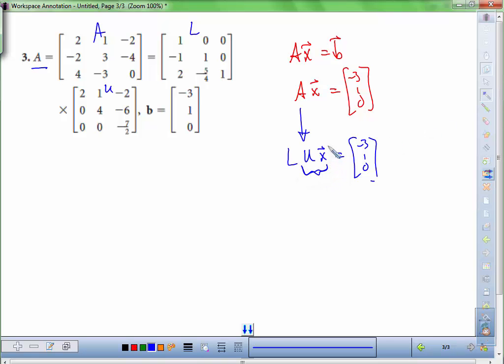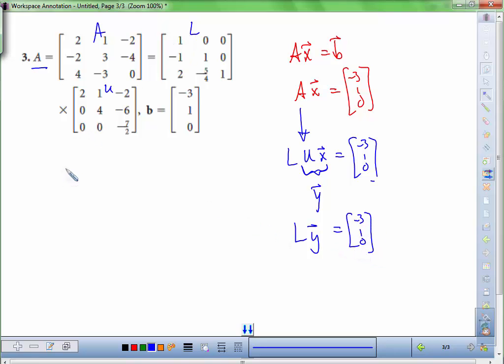So it turns out that U times x is going to be another vector. So this is the vector that they're going to call y. And then they're going to have L times y is equal to your b vector, minus 3, 1, 0.